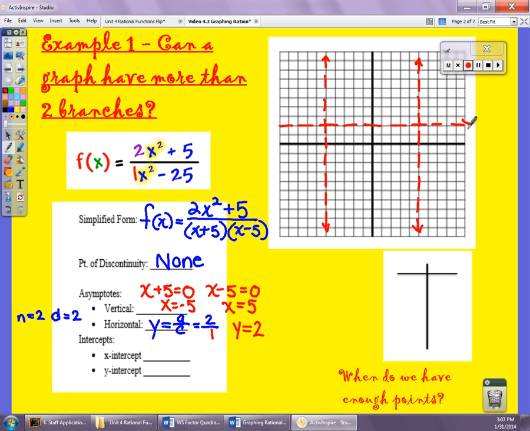Guys, I know I'm talking kind of quickly, but remember, if you need to stop and take notes, you can pause at any time. The next thing that we'll need to do is find our intercepts. Remember, the x-intercept occurs where y equals 0, and the y-intercept occurs where x equals 0.